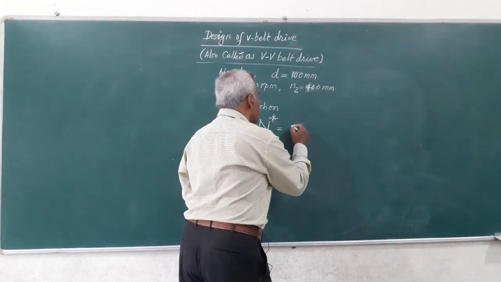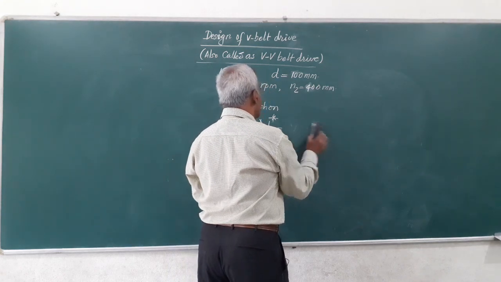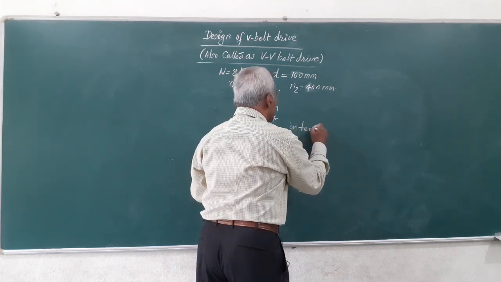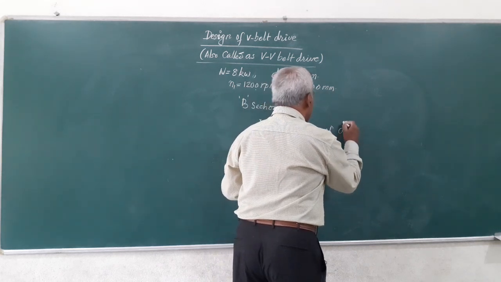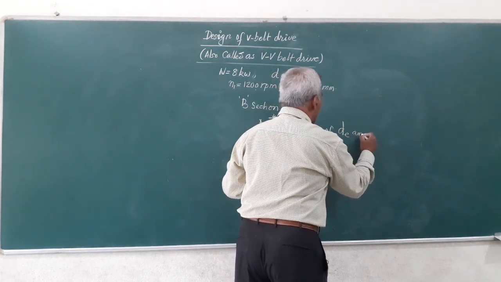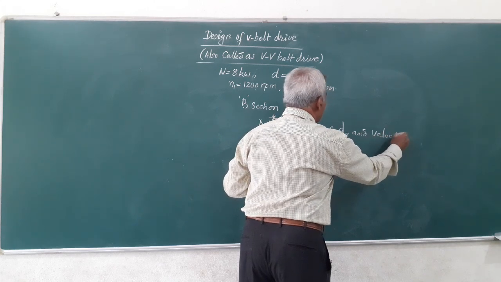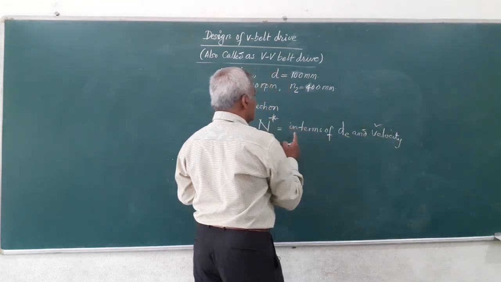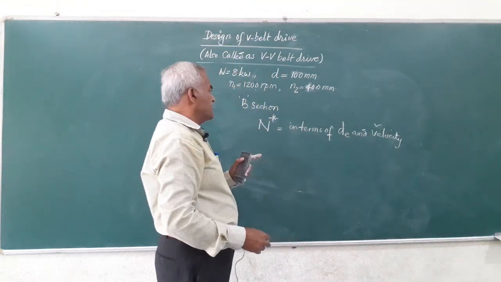So, this will run in terms of the velocity, and this equation will be in terms of dE and velocity. So, we know the diameter and speed, we can find out the velocity, and then the value of dE we have found out based on the diameter of this smaller sheave.